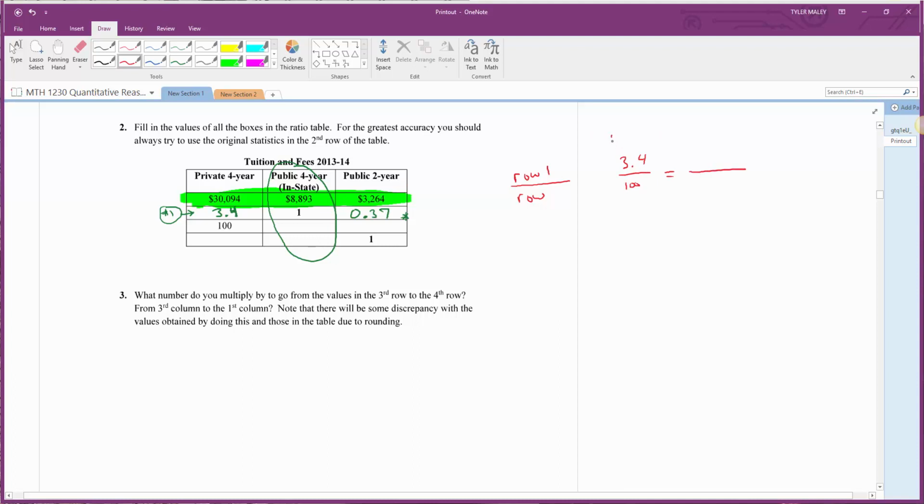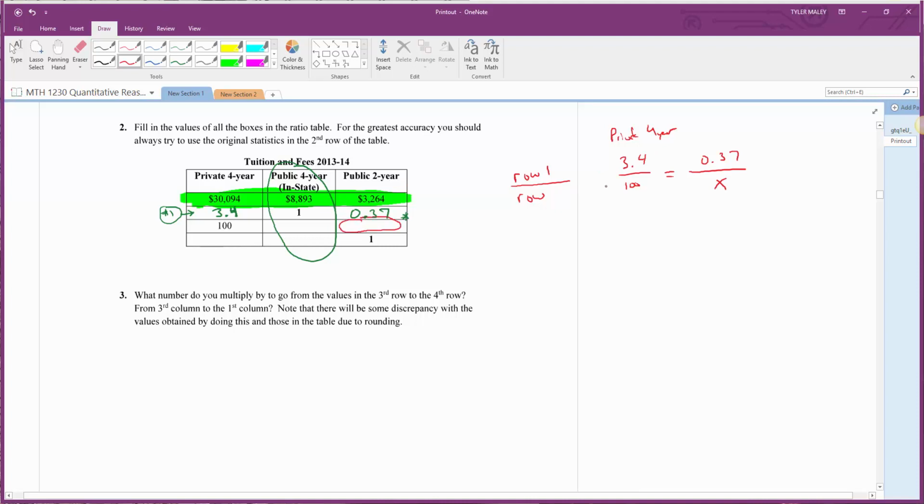So this is for private four-year. And compare this to public 2-year, right? Then I would have 0.37 over x, right? So this would be a ratio to try to find this value, right?